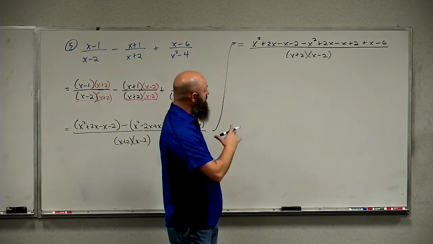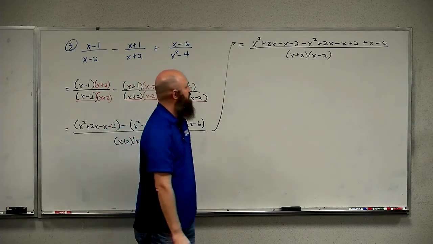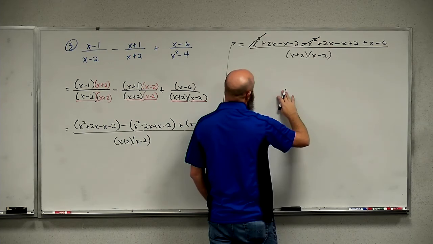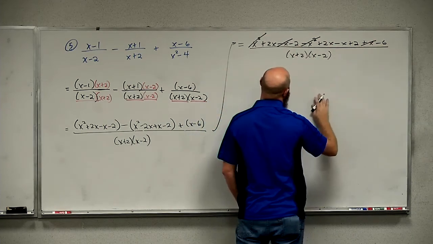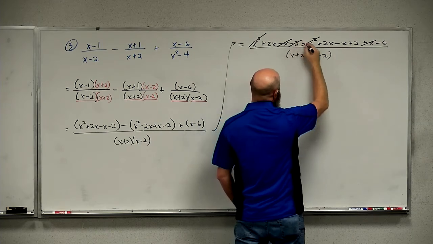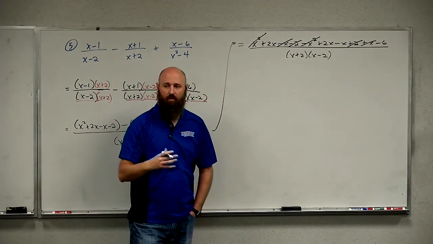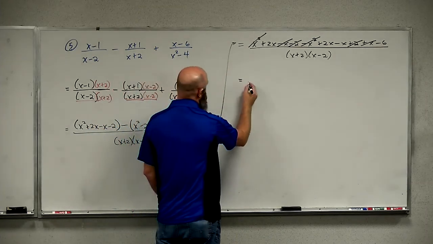All right, now one of the things you may want to start doing is trying to go through and see, does anything eliminate here? So I have an x squared and a negative x squared. I have a negative x and a positive x. I've got a negative 2 and a positive 2. So those all help me eliminate a little faster. I don't have to add and then subtract them, okay?